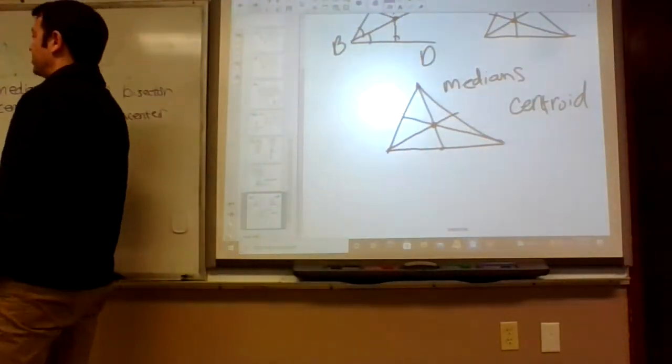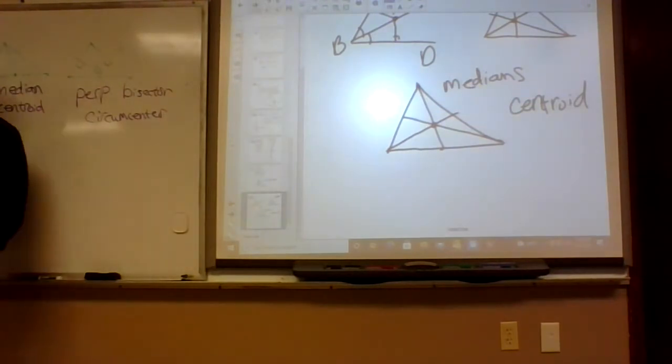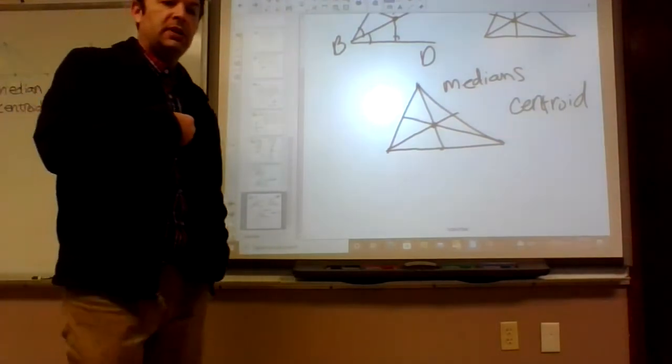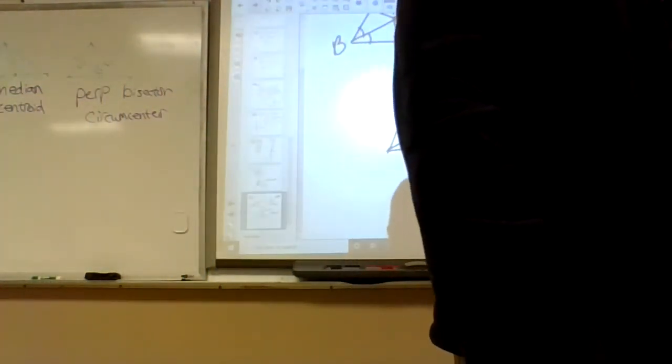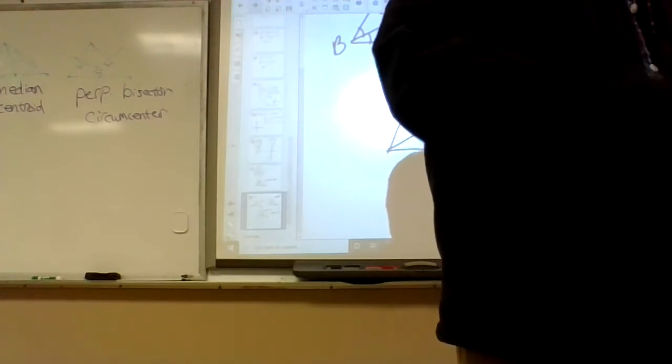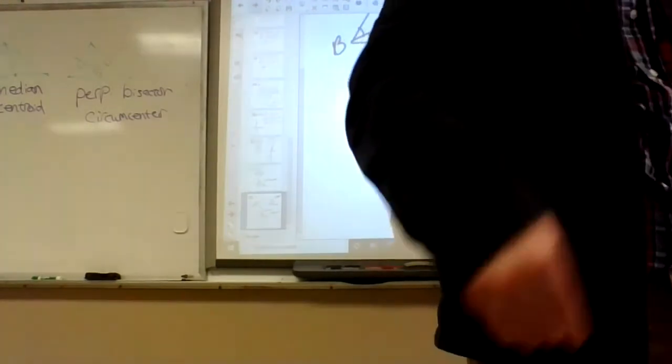It's not called an inner circle, it's called an inscribed circle, strong inside. So what's the first word? It was the incenter. Angle bisectors meet at the incenter. Inscribed.